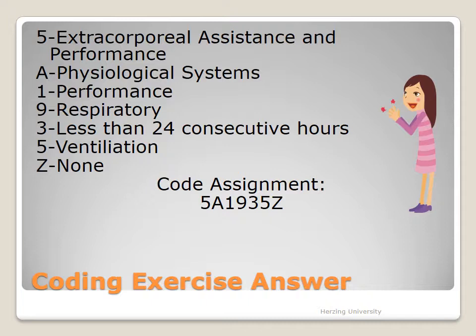The correct answer is 5A1935Z. 5 for the extracorporeal assistance in performance, A for physiological system, 1 for performance, 9 for respiratory, 3 for less than 24 consecutive hours, 5 for ventilation, and Z for none. I hope you were successful in finding that code.